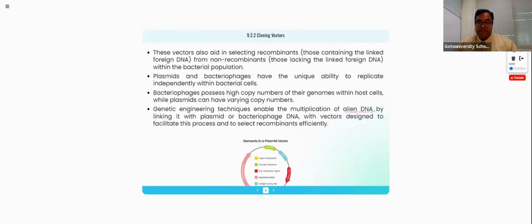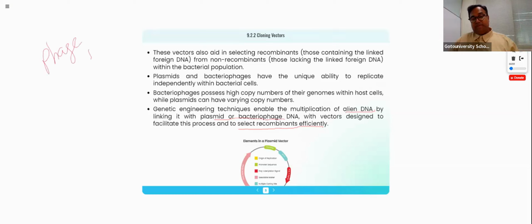So we need to understand the plasmid or bacteriophage DNA as a vector, designed to facilitate the process and to select the recombinant more effectively.